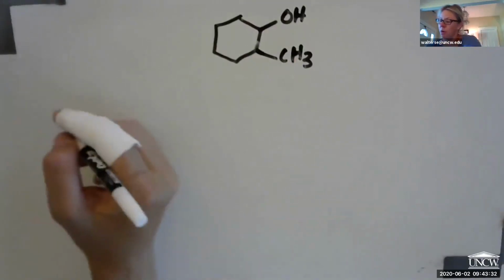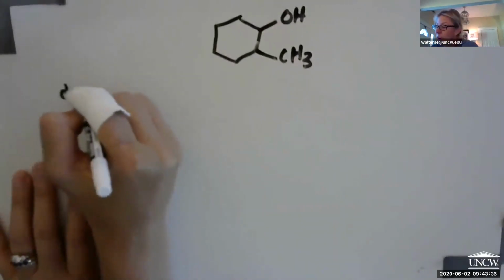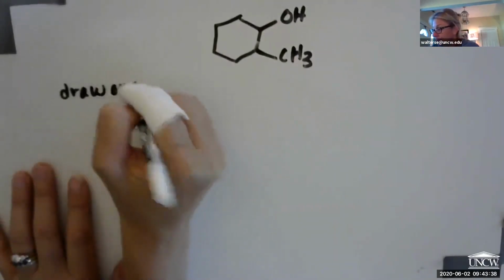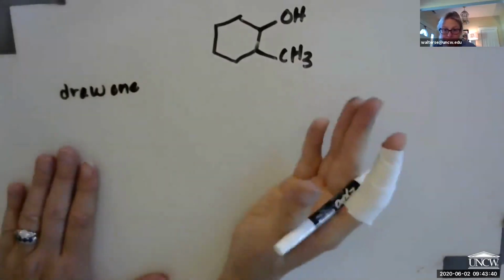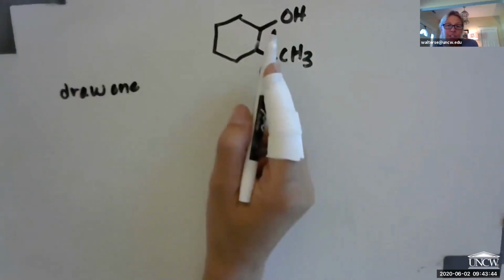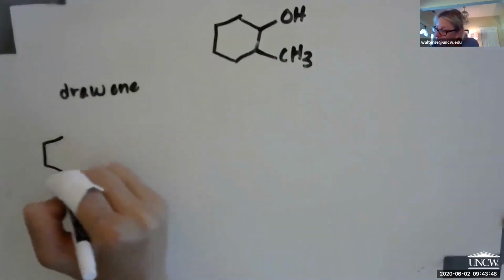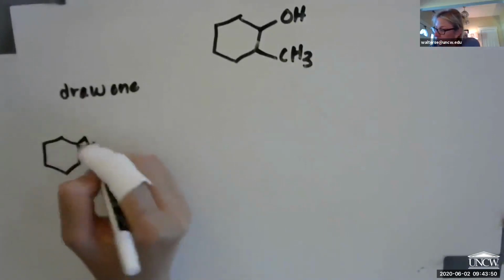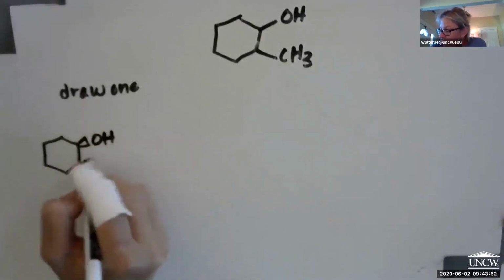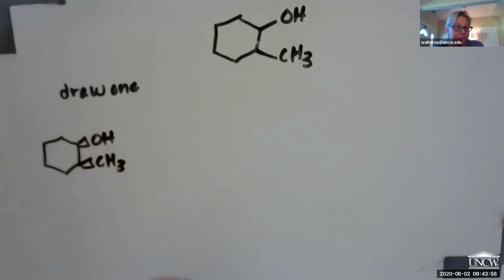All right, so the first thing to do would be to draw one stereoisomer. So you would just pick, okay? Both dashes, both wedges, one dash, one wedge, whatever you pick. I'm going to start with both of mine on a dash.